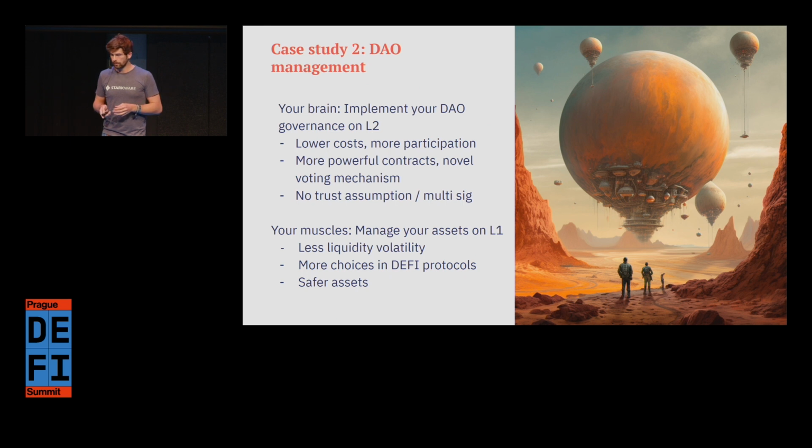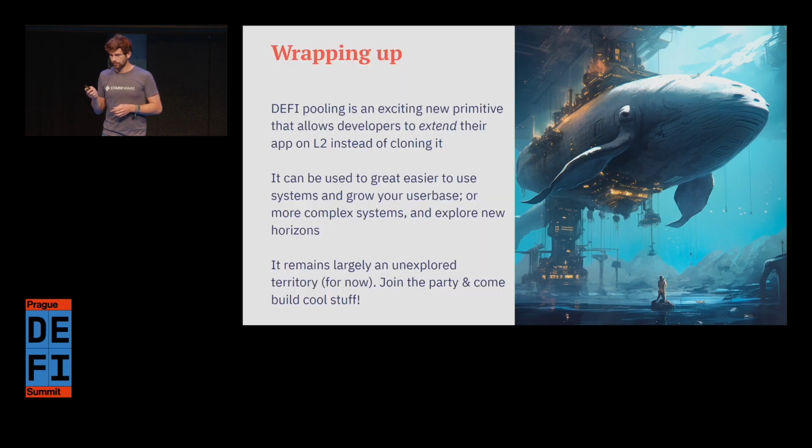All right, and that's about what I wanted to present. So to sum up what I discussed, DeFi pooling is essentially a new primitive you can use in DeFi. It's about not just using input that comes from L1 interaction, but using input that comes from L2 interactions.